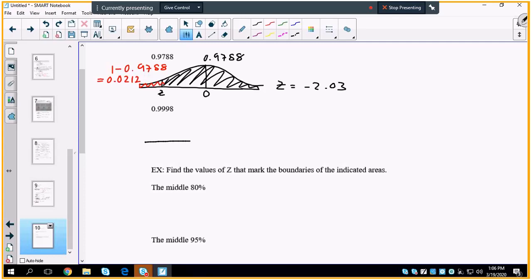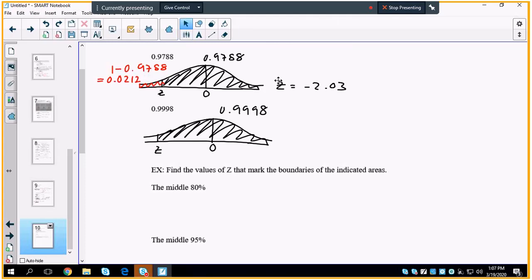The location is pretty similar, as you can imagine. The area to the right is more than 0.5, so I want the z-score to the left of the mean, and the right of this z-score is 0.9998. So the left is what I will be looking for, and that will be 1 minus 0.9998. And as I can imagine, this is 0.0002.